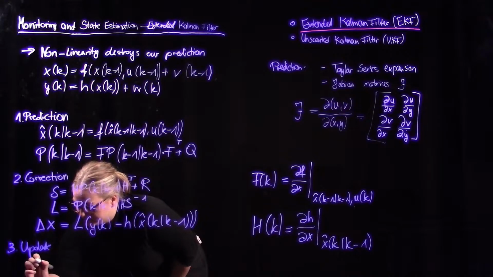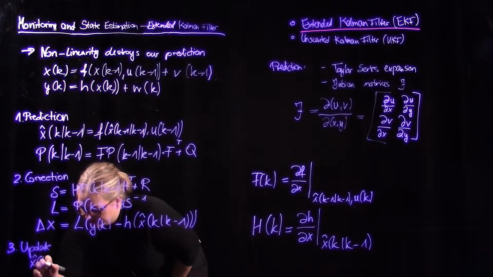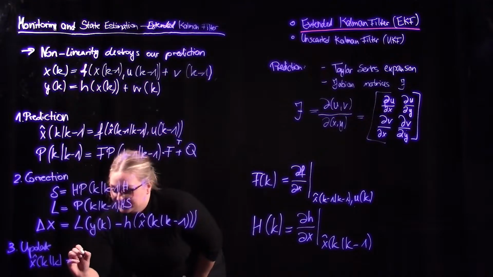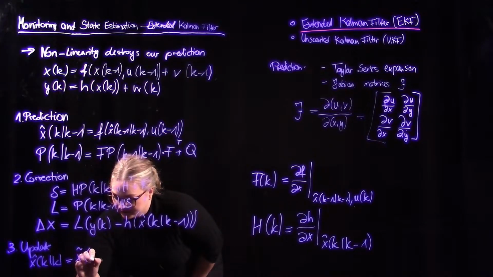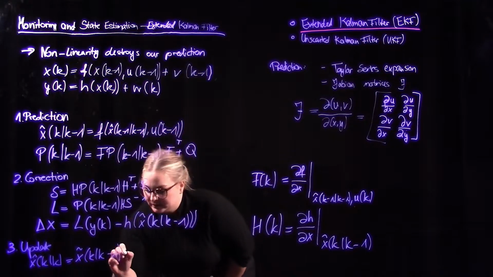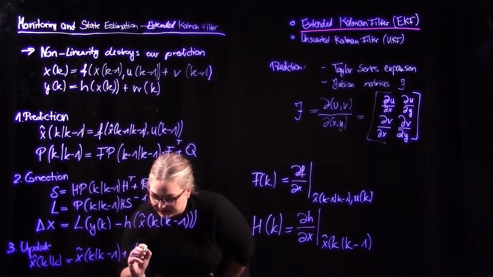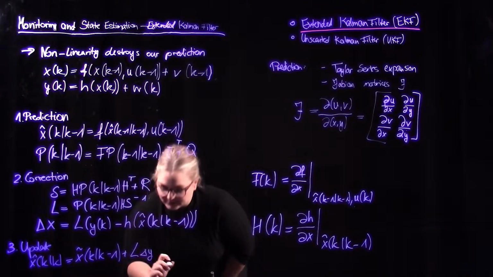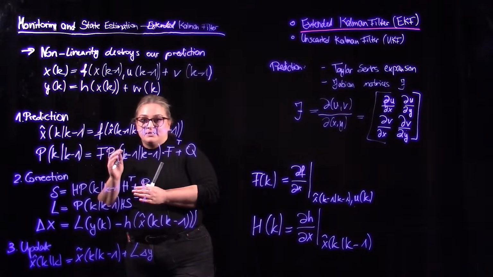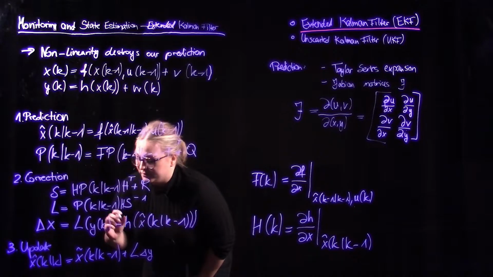And for this, we have our new state at k, which is the previous state plus the Kalman gain and our delta y. About delta y, we talked last time. This is the residual for the measurement.